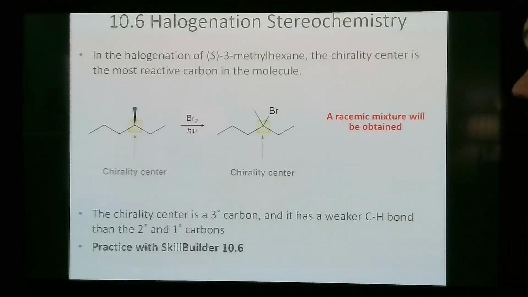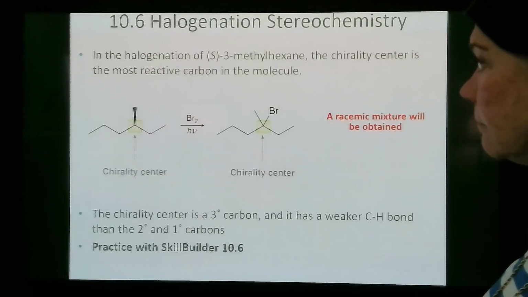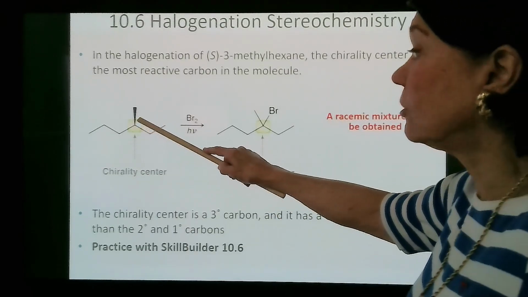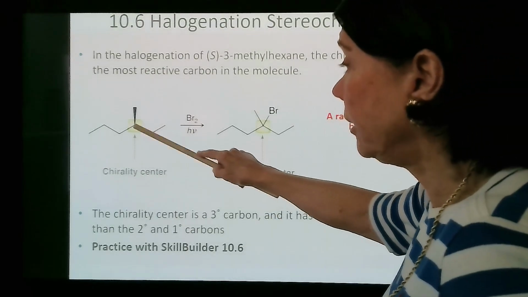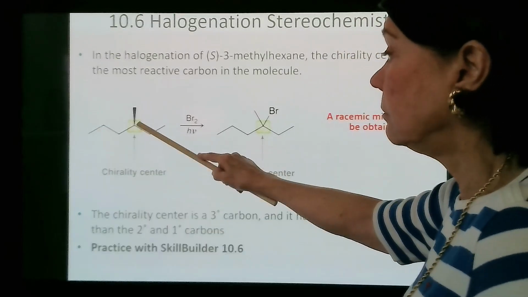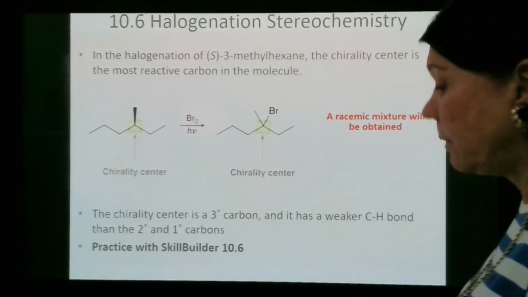And so you're going to get bromination exclusively here because this is a tertiary radical that will be formed there. So you'll get bromination exclusively there. Okay, so that finishes our halogenation of alkanes, and we'll go on to some more specialized topics in the next section.